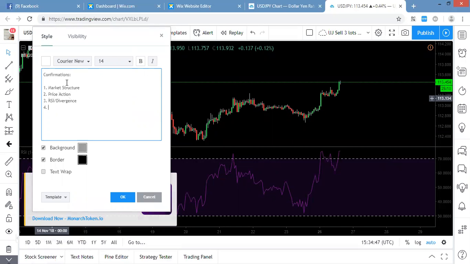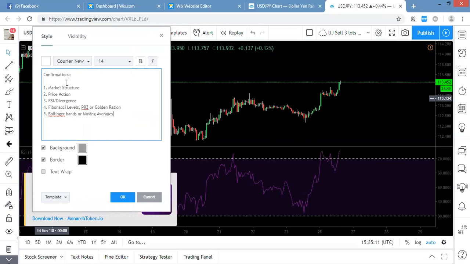Number 4 is our Fibonacci levels. And we'll also talk about the PRZ or golden ratio, very, very important. And then number 5 can be Bollinger Bands or moving averages, okay?